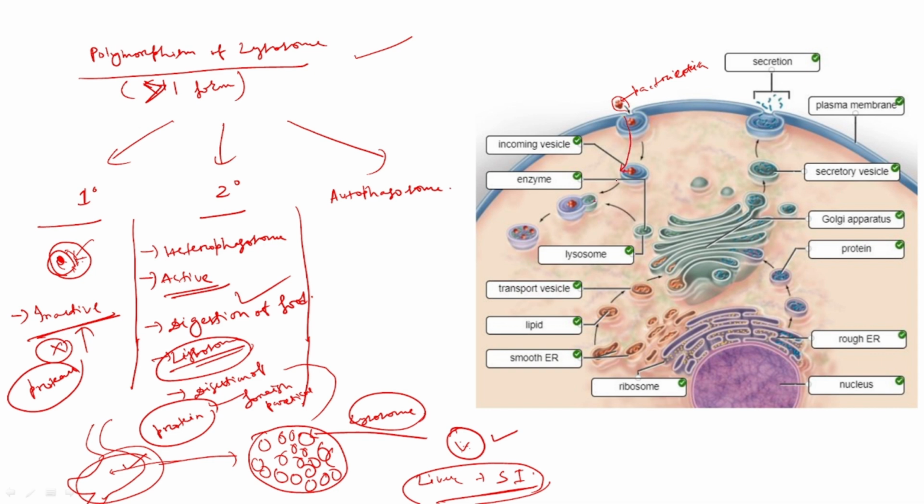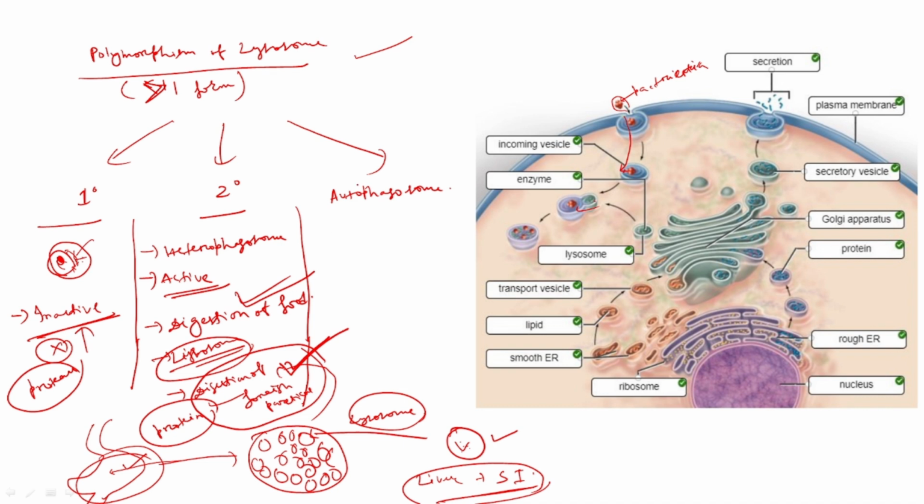The lysosome digests the bacteria because the lysosome contains the acidic enzyme, the hydrolytic enzyme. This hydrolytic enzyme can digest anything, so it also digests the bacteria. So that is the main function of the lysosome. One is the digestion of food, along with that it helps in the digestion of foreign particles such as bacteria, virus, pollen. Different types of antigen can be digested in the lysosome.